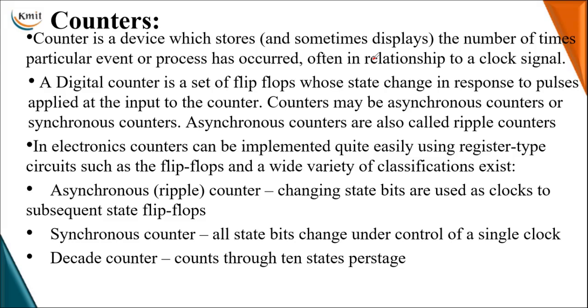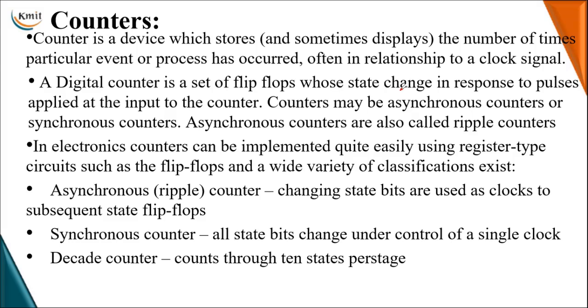A digital counter is constructed using flip-flops, like a register, where each flip-flop can hold one bit of data. Based on how the outputs are controlled, whether with external signals or not, we have two classifications of counters: asynchronous and synchronous.